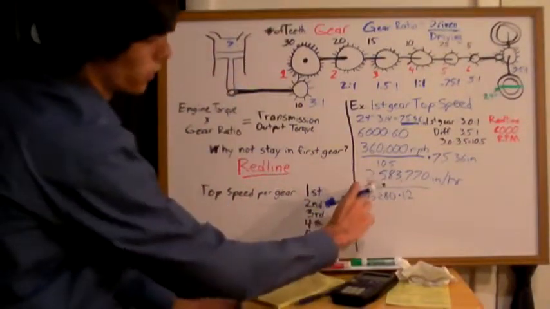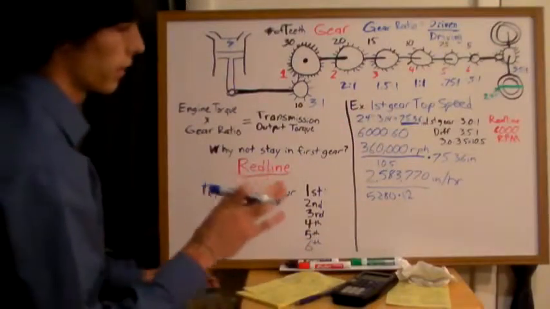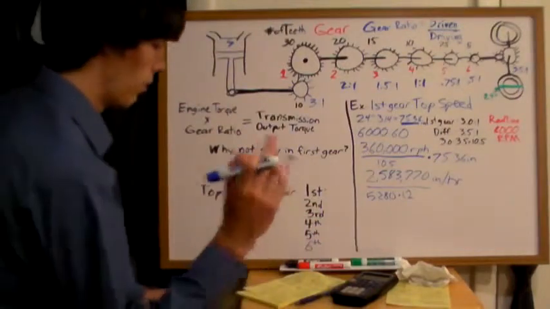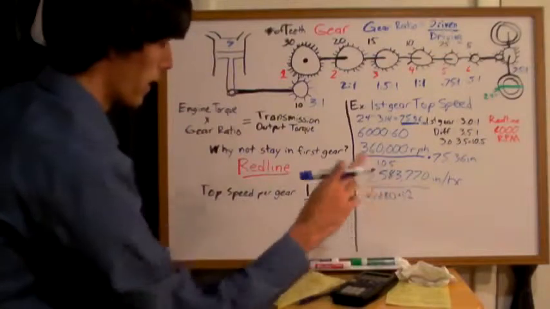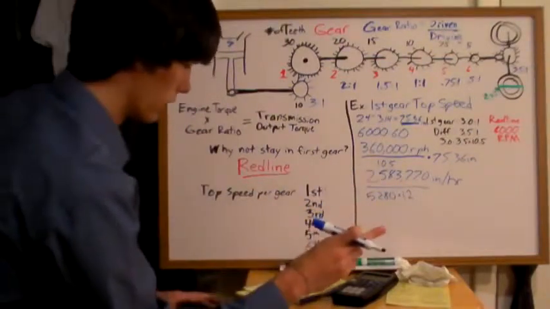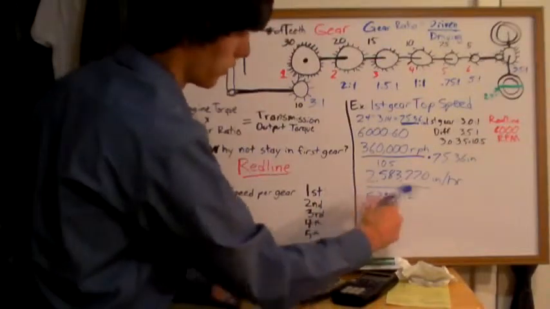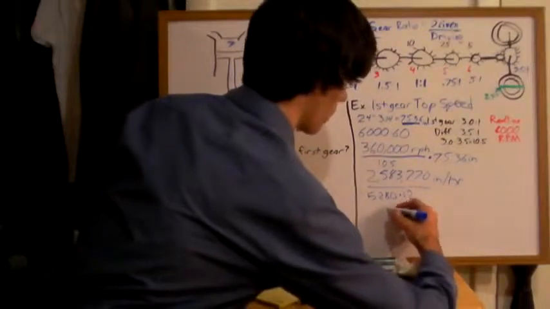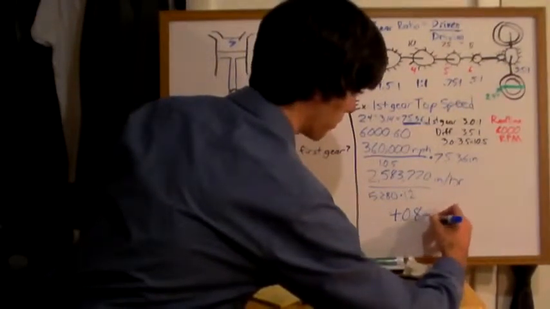So you're going to divide this 2,580,000 inches per hour by the amount of inches in a mile. This is going to give you miles an hour. Now once you take this 2,583,000 divided by 63,360, that is going to give you a total of 40.8 miles per hour.